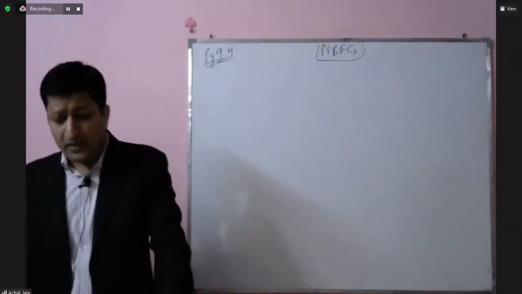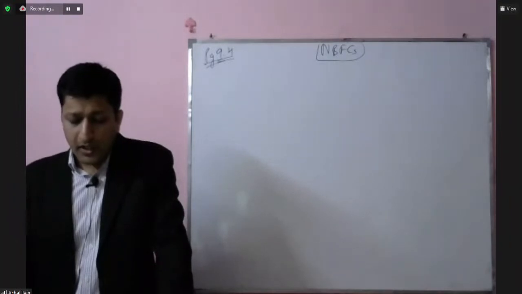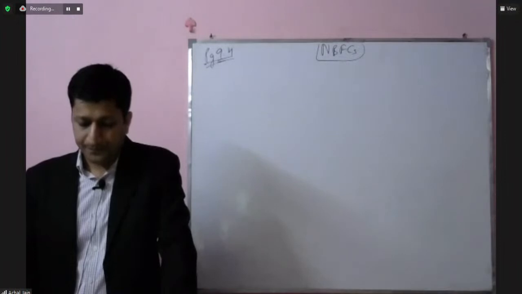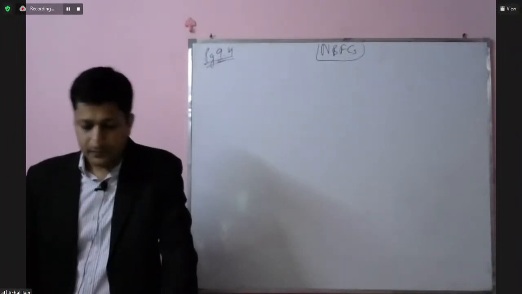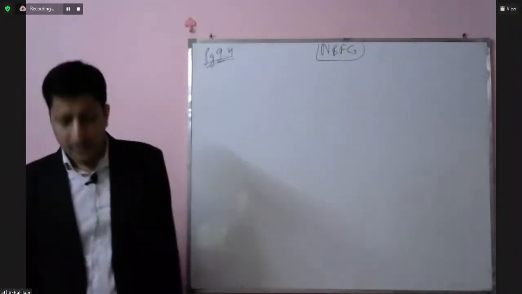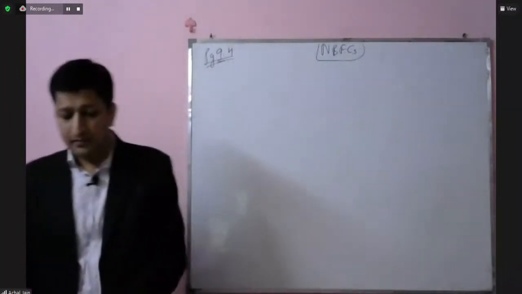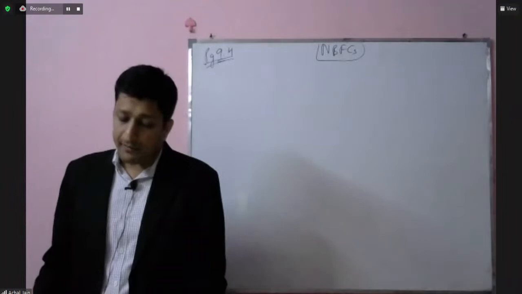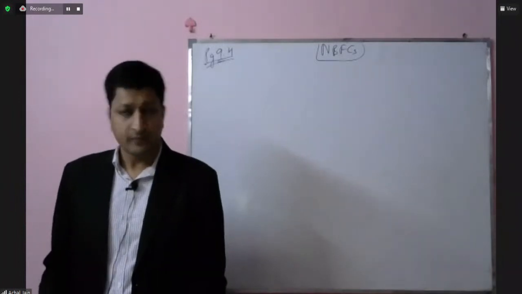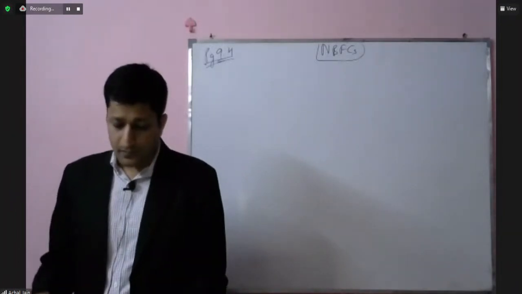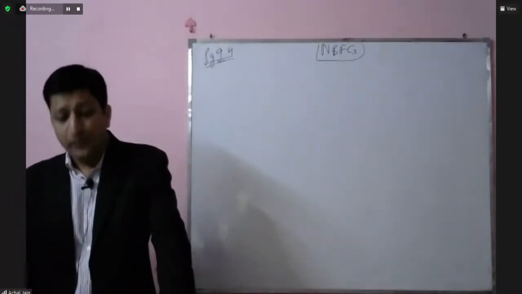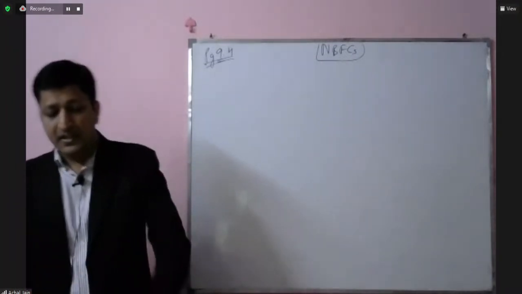Now we'll move further on to the computation of owned fund and the net owned fund. Net owned fund we have just discussed. What is net owned fund? You can say it's about the capital requirement for an NBFC. Correct? So let's first of all understand what is net owned fund.